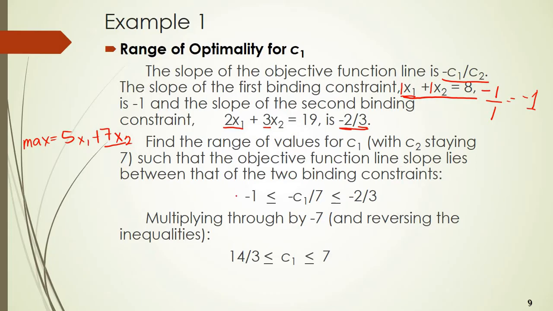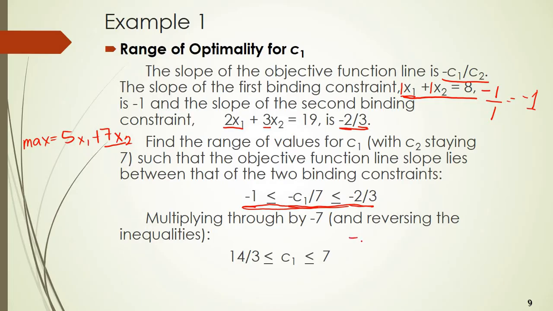So negative 1 we have here is less than or equal to the slope of our objective function, which is negative C₁ over 7, again less than or equal to negative 2 over 3. So we have already here the values. We need to multiply this by negative 7 in order to cancel 7 under the denominator.